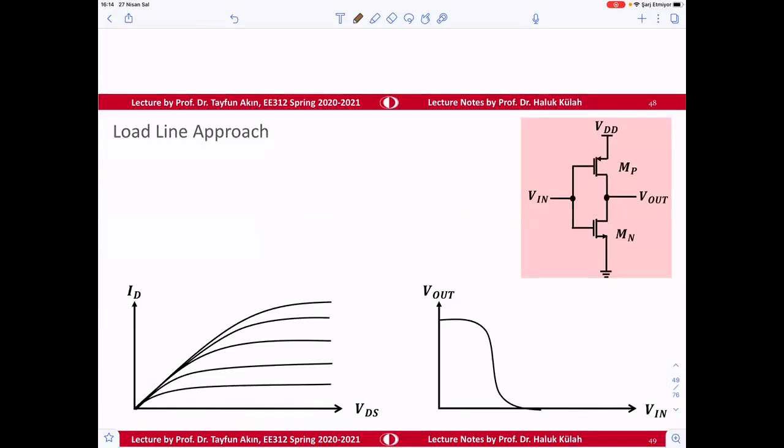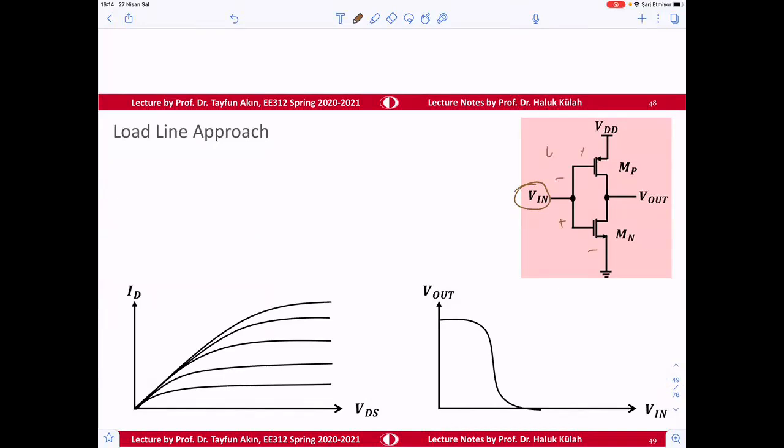So we can find the transfer function using the load line analysis, but the load line analysis is a little bit complicated, because for each value of Vin, the gate to source voltage for this one and this one will be different.